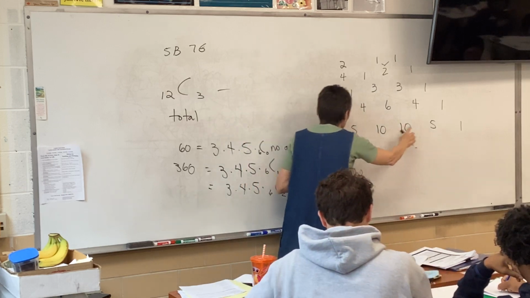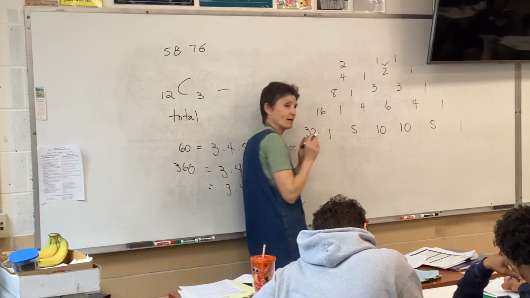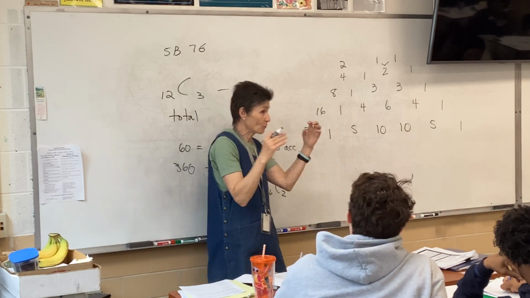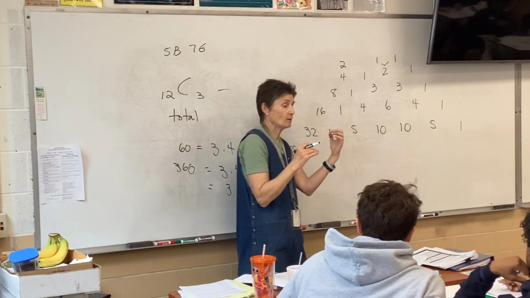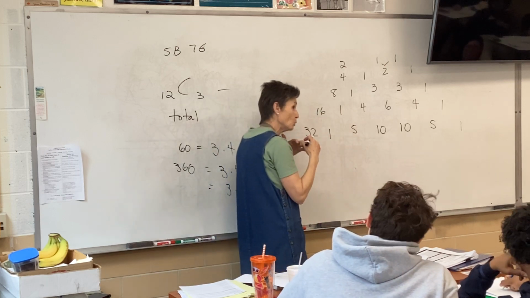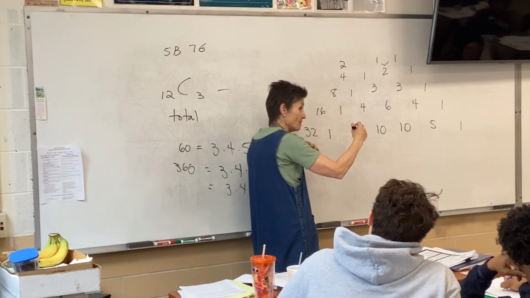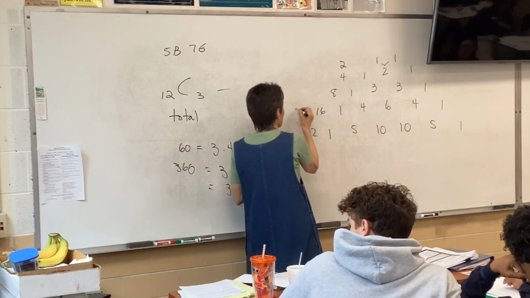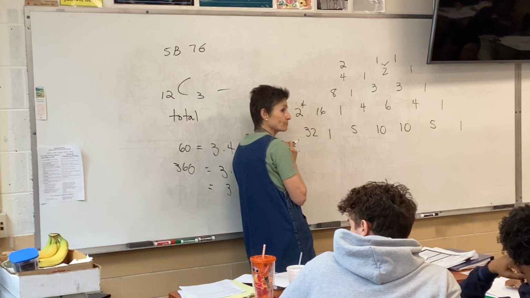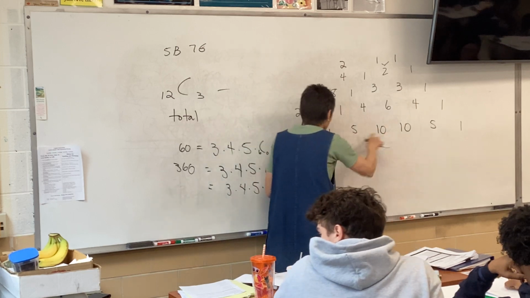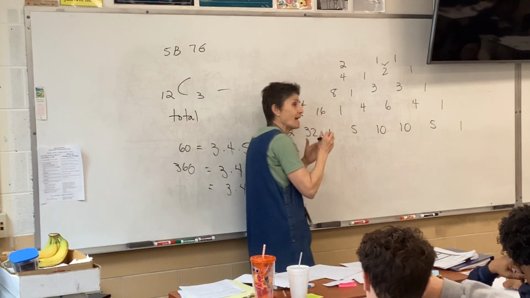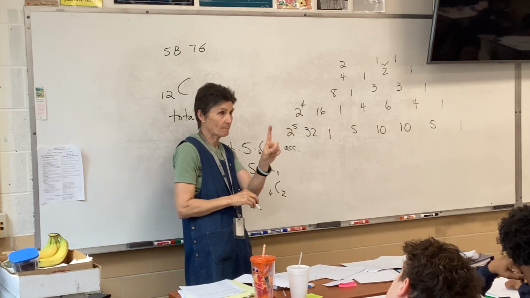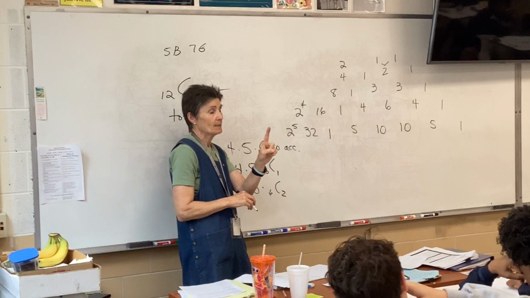How about this row? Okay, I think you got the hang of it. The sum of each of the rows of Pascal's triangle is 2 to the power of the row you're in. So when we added up the 4th row, that was 2 to the 4th. And when we added up the 5th row, that was 2 to the 5th, and it's going to be that way forever. All right, so that's the first observation I want you to make.